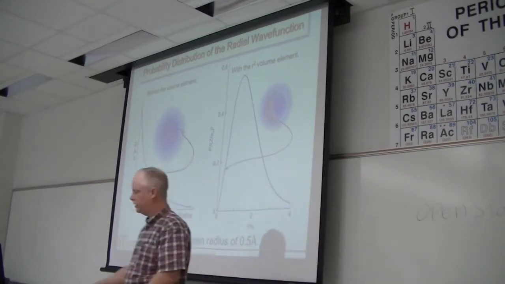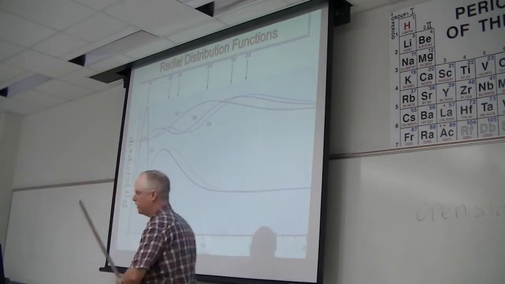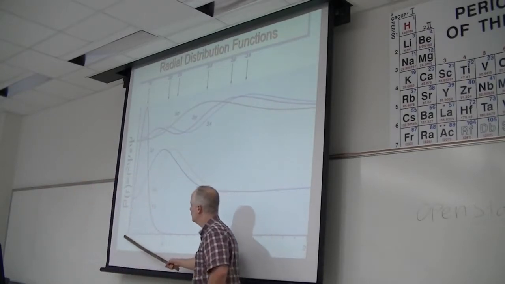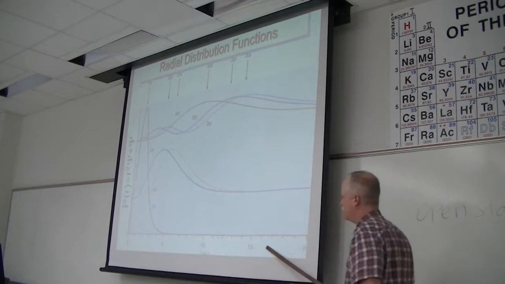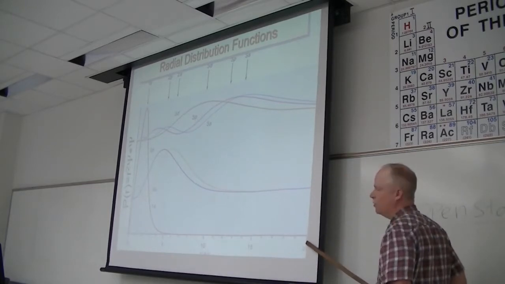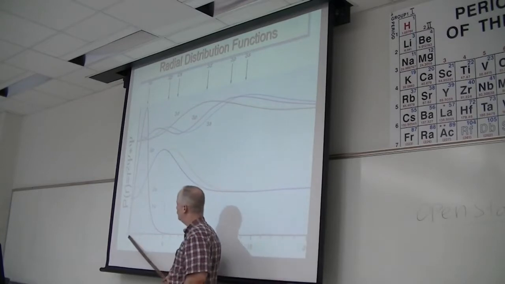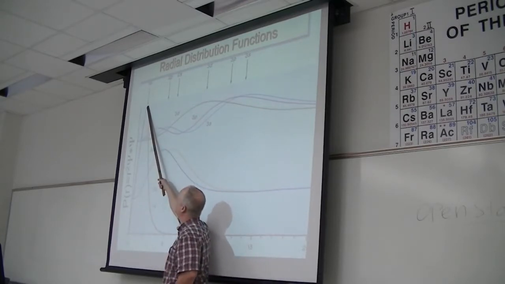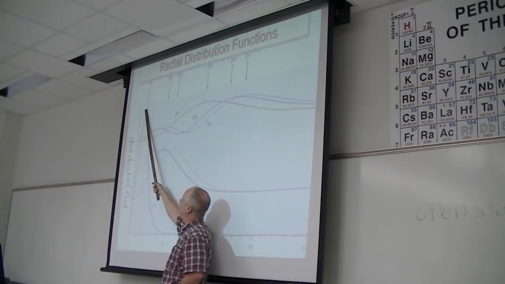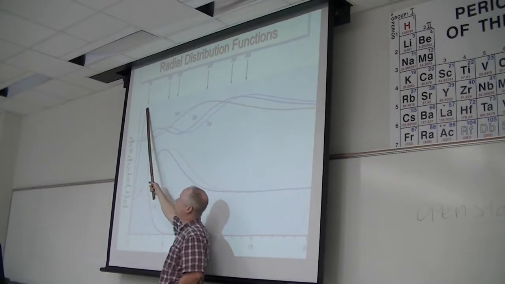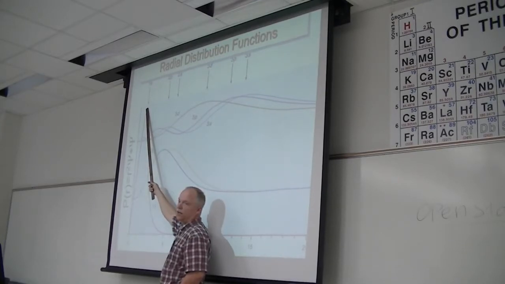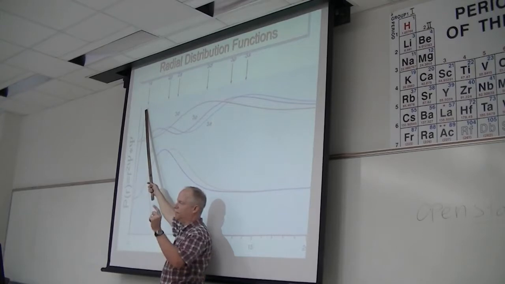So we'll look at these radial distribution functions next. This is the 1s, and this is distance from the nucleus. Here we are out at 20 angstroms. For the 1s orbital, here's the most probable distance, the maximum of that wave function. It's not real sharp.